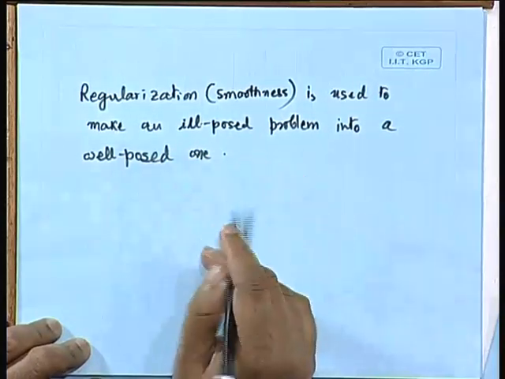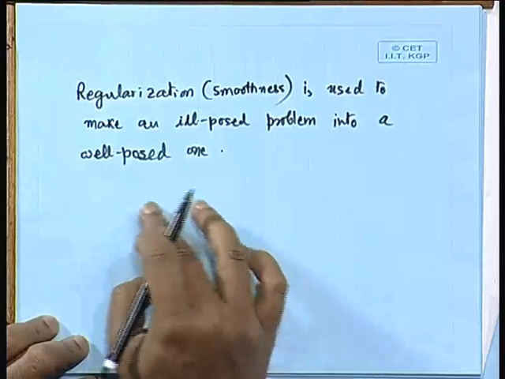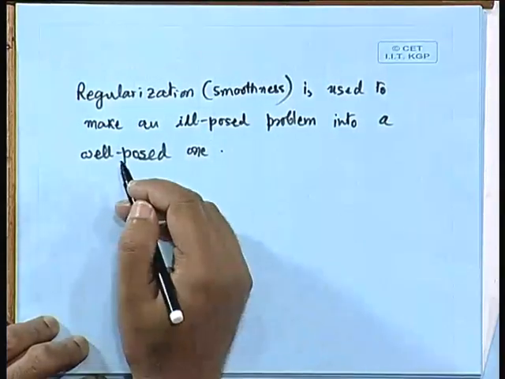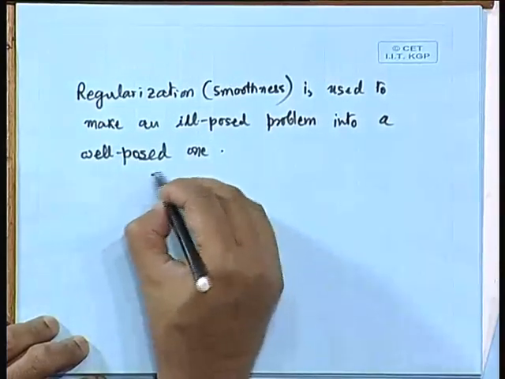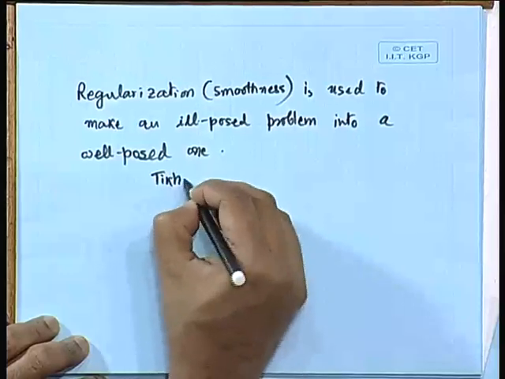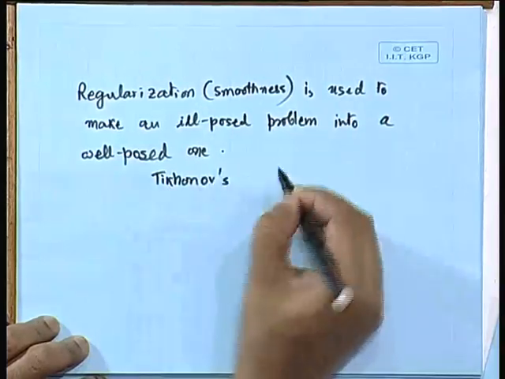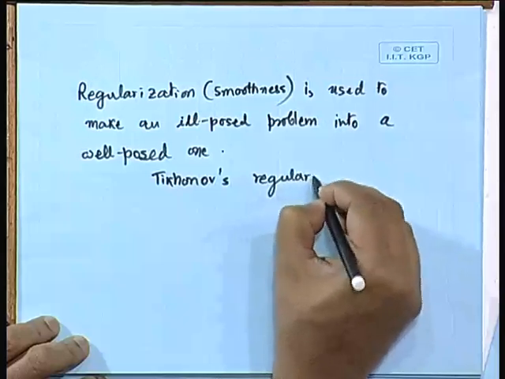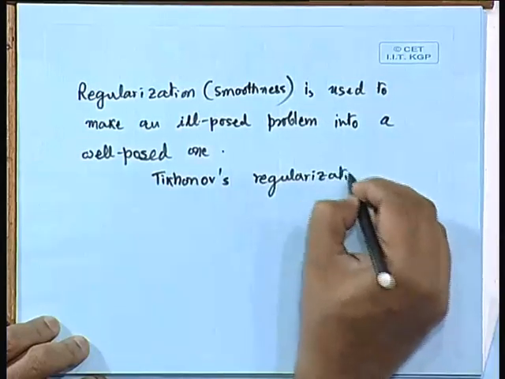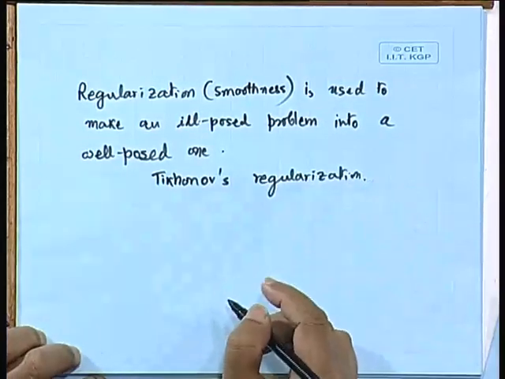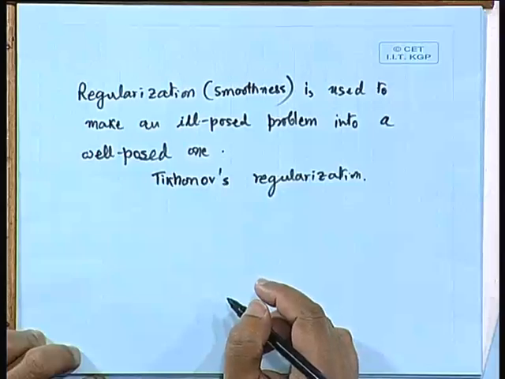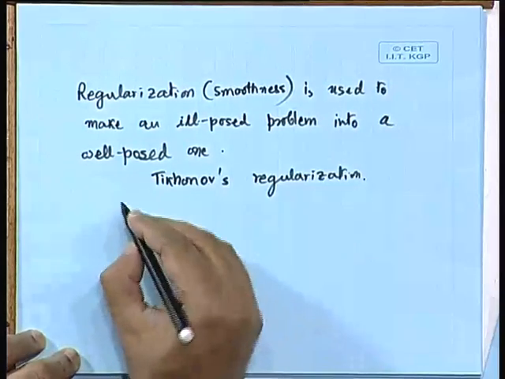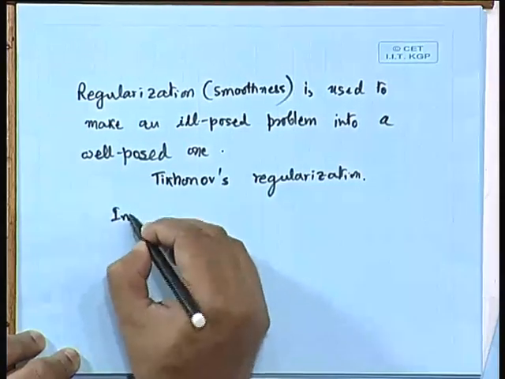And in this case, we are going to make use of Tikhonov's regularization procedure. We are going to make our mathematical formulation based on that. So, how are we going to do it? Let us first take the input signal.